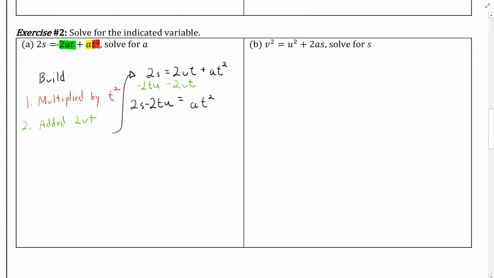And now that we've undone the addition, we need to undo the multiplication. So the opposite of multiplying is dividing. And what am I going to divide by? Well, whatever I see in that build step. So since it was multiplied by t squared, we are going to undo by dividing by t squared.